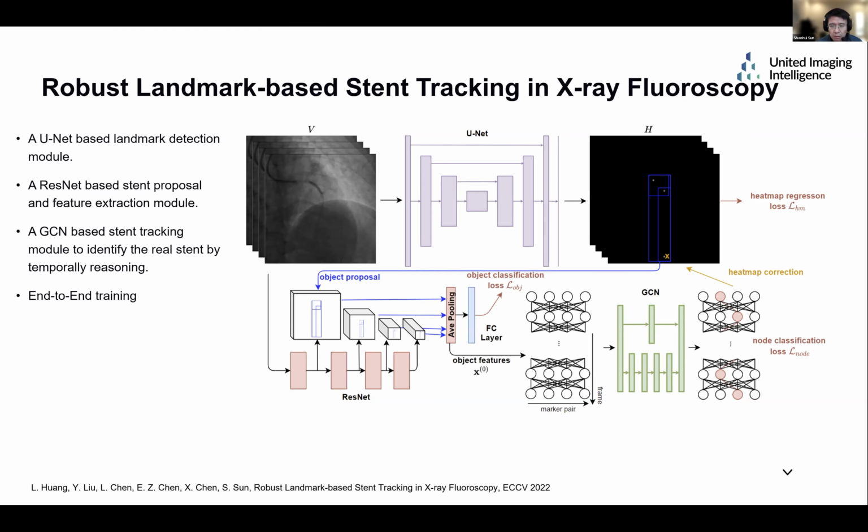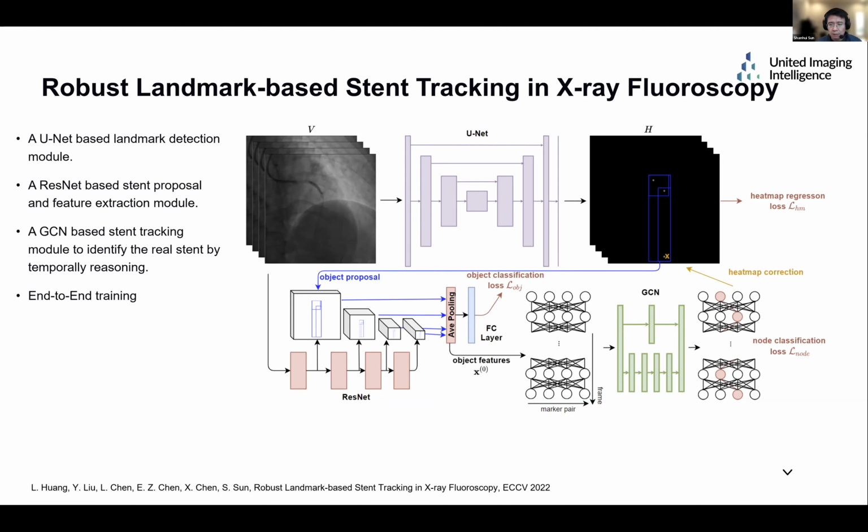We use the GCN to update the node features and the edge features. And eventually, we have the last layer. For the last layer, we collect those nodes with the features, and we do the node classification. And then we know which one is the true positive and which one is the false positive.